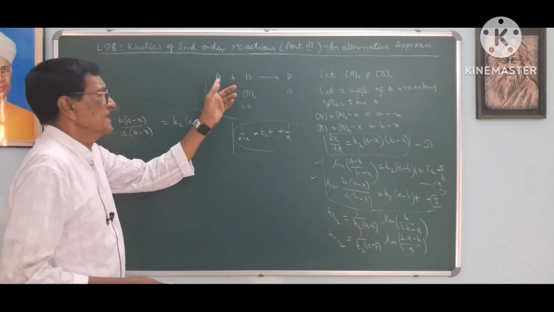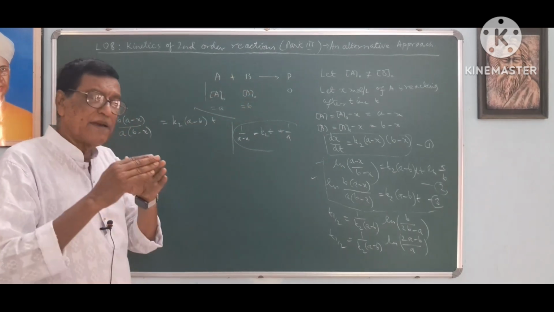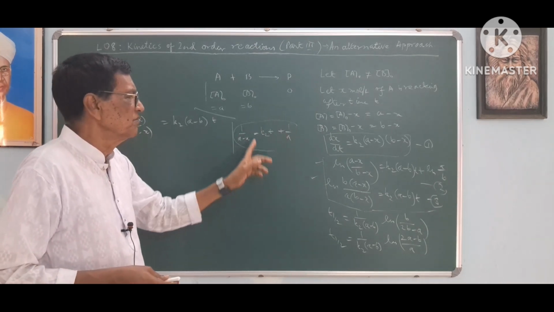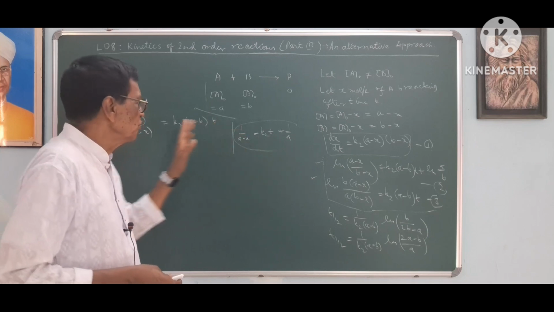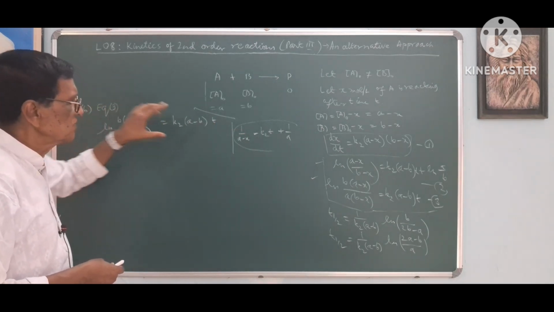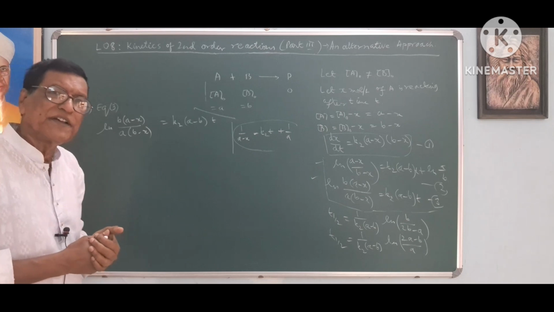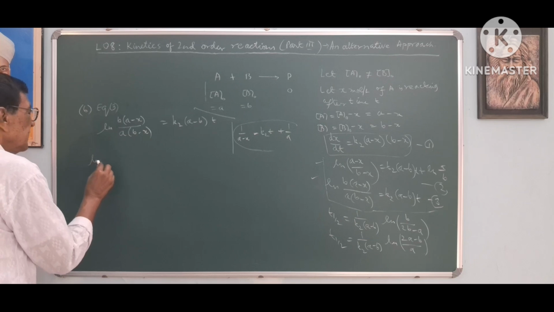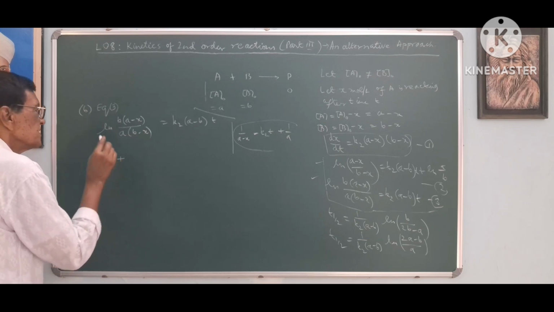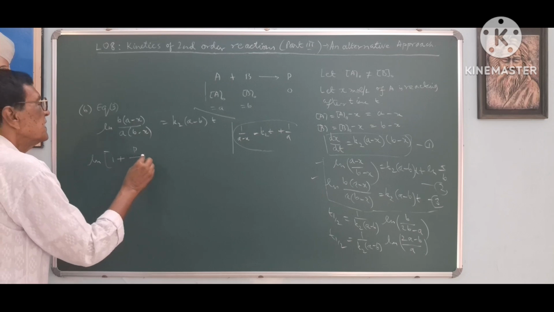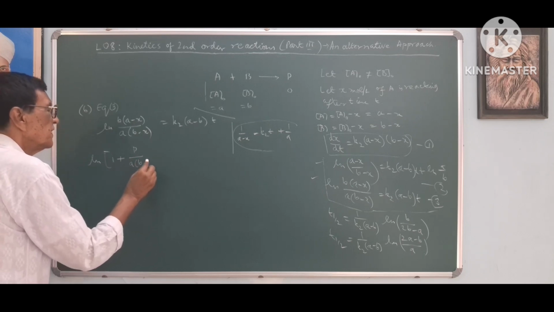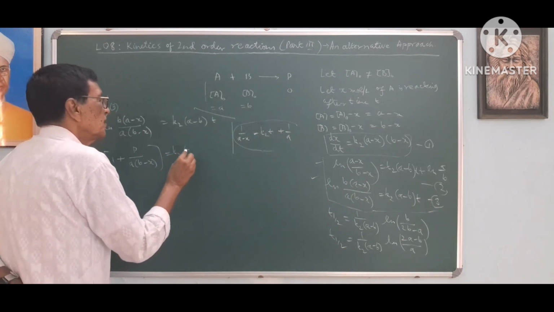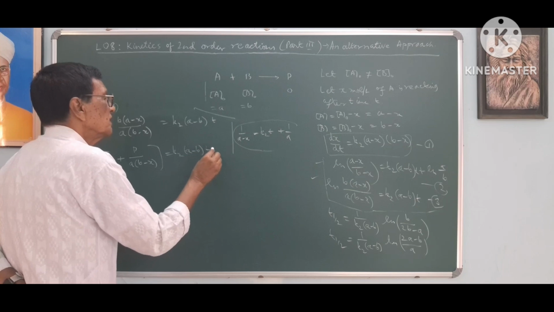When both reactants have the same, identical concentration, the integrated form of this equation is like this. So we have to transform this equation to this one by some mathematical tricks. How could we do it? Here we can write ln of (1 plus P divided by A into (B minus X)) equals k2 (A minus B) into t.